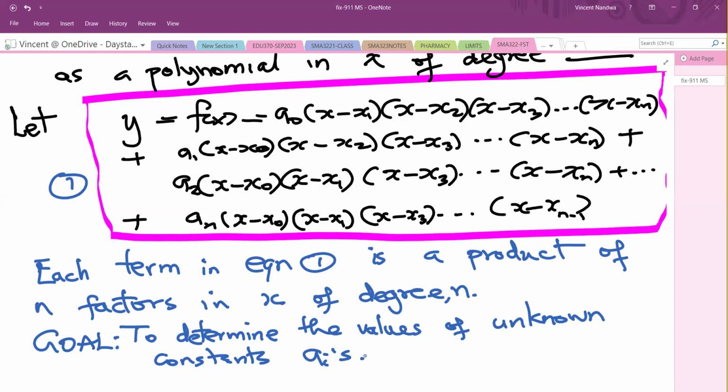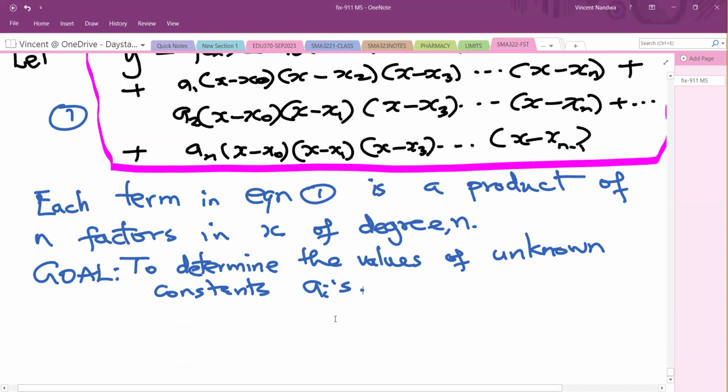For us to be able to get these unknown constants ai, we'll start by fixing x to be x naught.